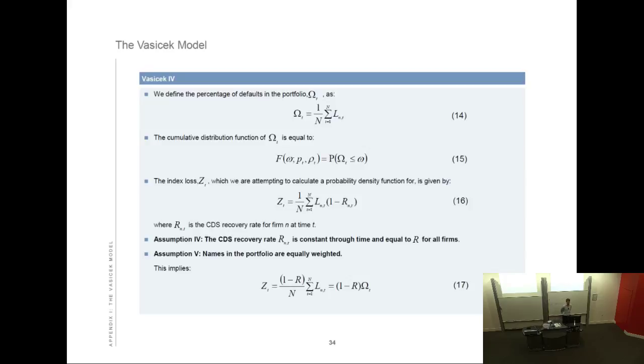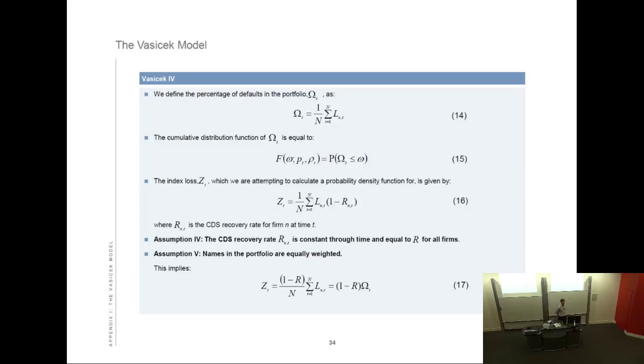And what we're ultimately interested in is not so different from just this percentage of default process, because ultimately we want to know the index loss zt, which should jump every time there's a default, but not jump just by 1, but jump by the loss of that single name, because that's how it affects the portfolio loss.